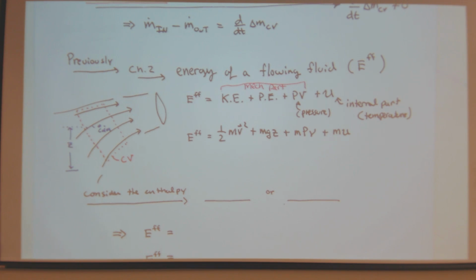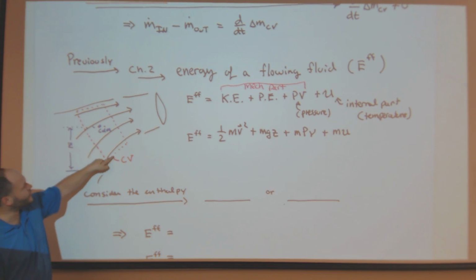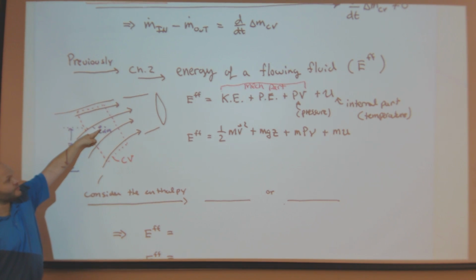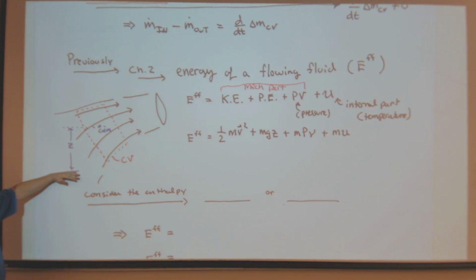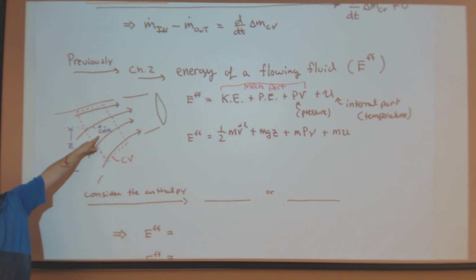It's flowing, and I define a control volume. And it has a center of mass, and that center of mass has a reference to some, say, sea level. There's a mass in here.